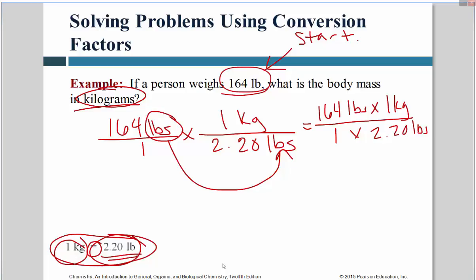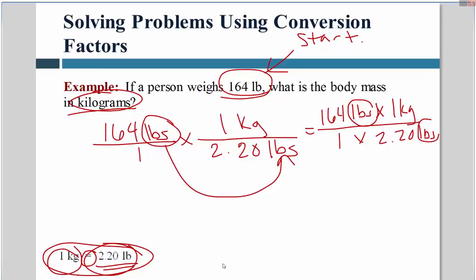Let's get rid of the letters first. We have pounds here and pounds here. Those cancel out. Just like 5 divided by 5 cancel out, pounds divided by pounds cancel out. That leaves us with kg at the very end.